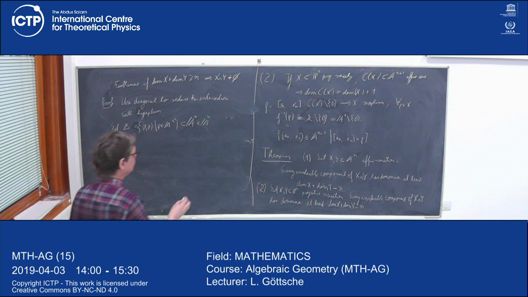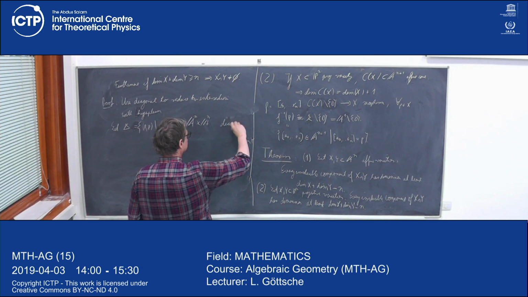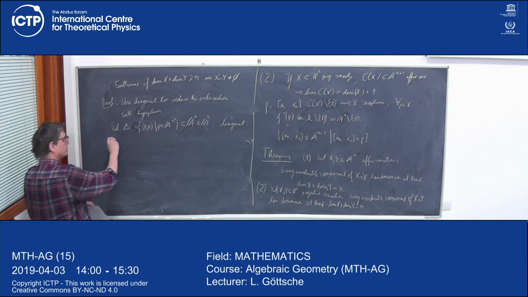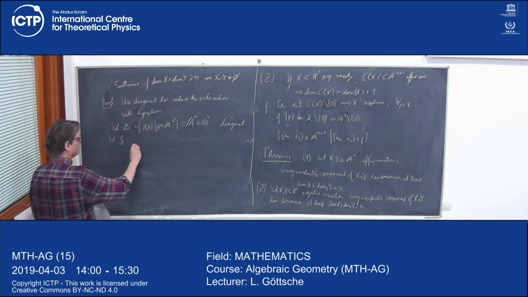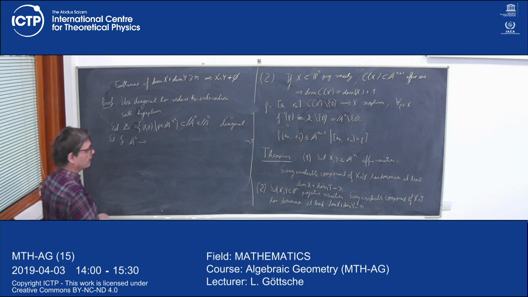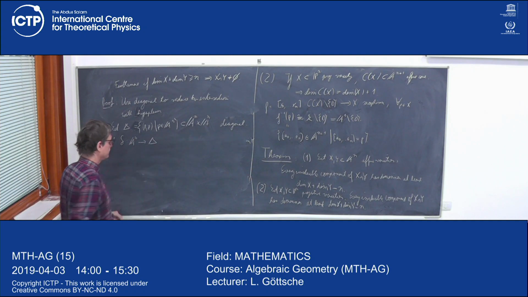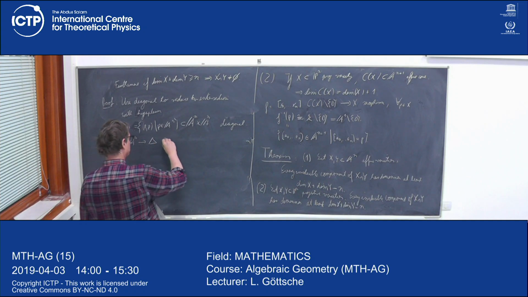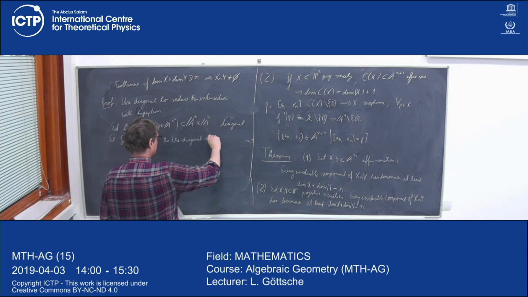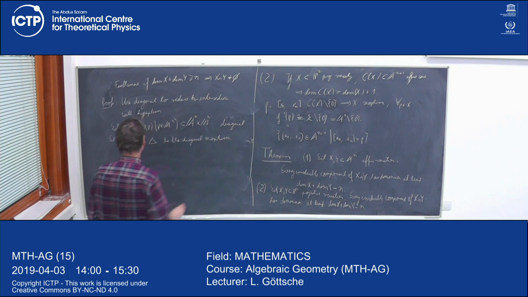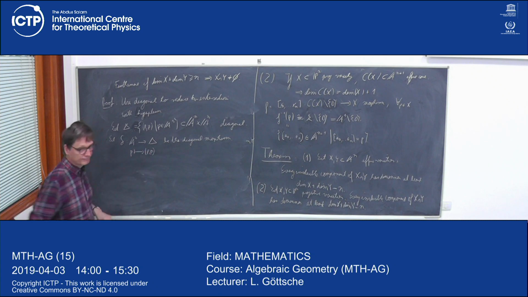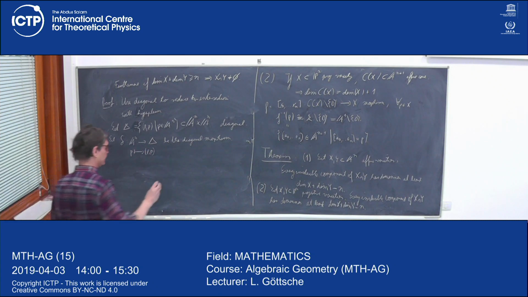This is the diagonal. And we have the diagonal morphism delta from A^n to A^n times A^n. We used it before, so this would be the map which sends point P to (P, P). And we know that delta is an isomorphism.